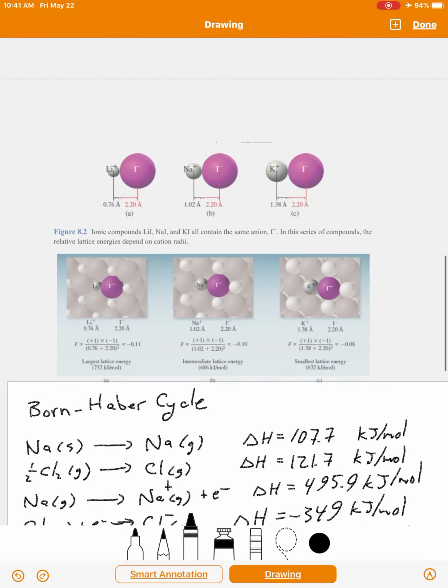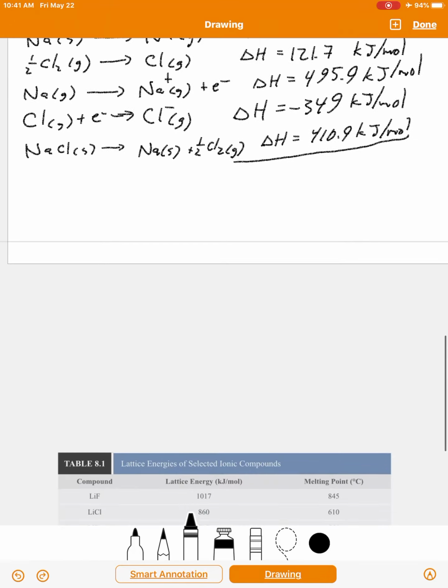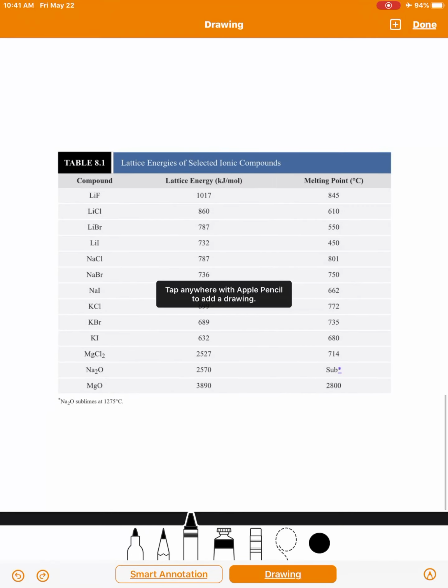Lattice energy. Now let me show you some calculated lattice energies, because lattice energies really cannot be measured. They have to be calculated for various compounds. For lithium fluoride, the lattice energy is 1,017 kilojoules per mole.